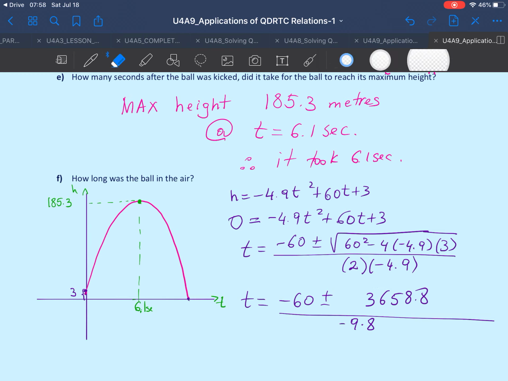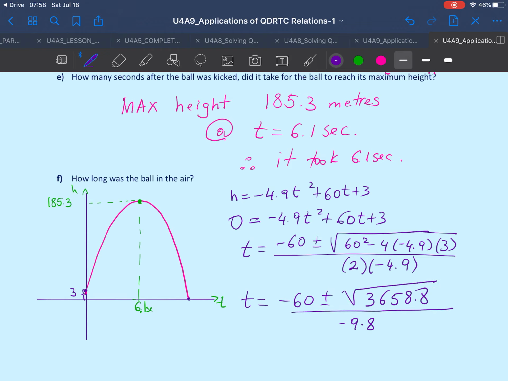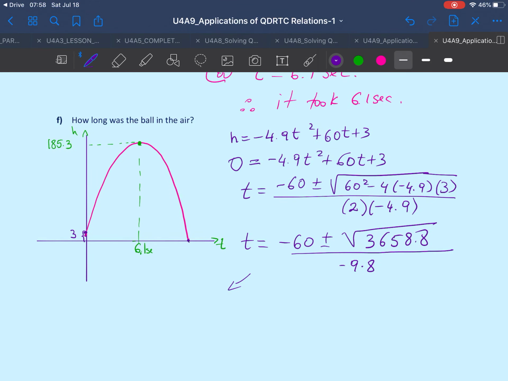Let me make this prettier. Just want to make it a bit shorter. And we're going to find the time. It seems that we are able to find two values of time.